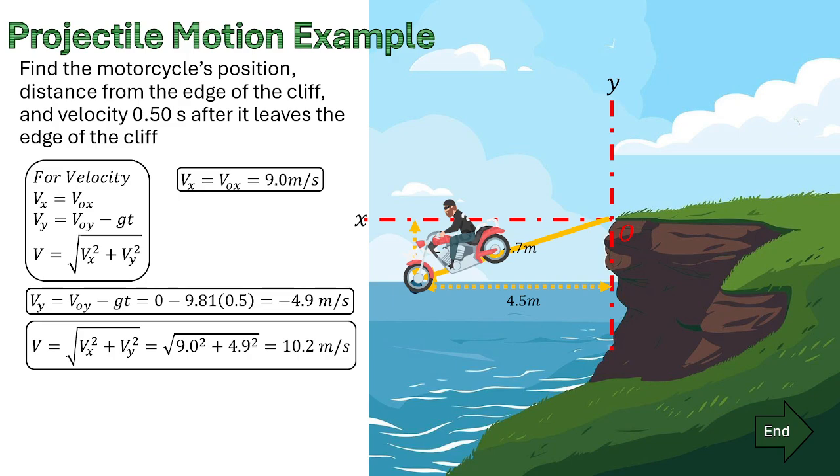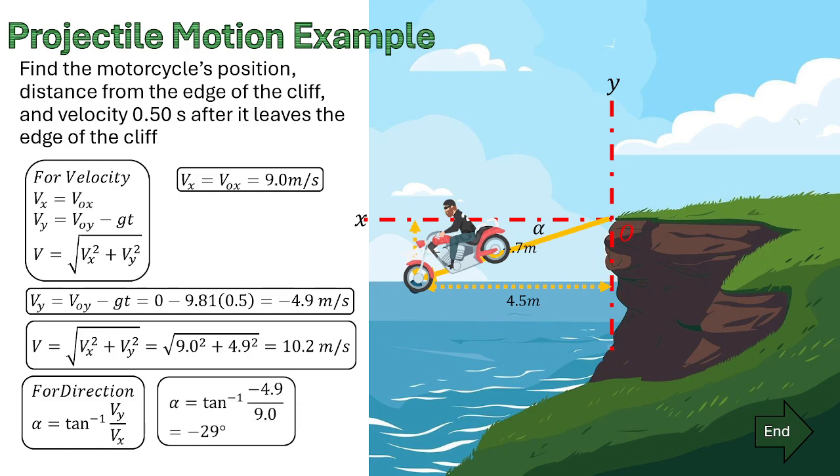But since we used the Pythagorean theorem, it is not bad to also get the direction of our velocity at 0.5 seconds. As you can see, we have an alpha here, and that is the angle we're going to get. For our alpha, alpha is equal to inverse tan, or arctan, of Vy over Vx.